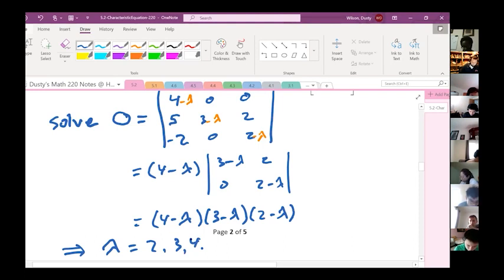Yeah, middle column would have worked just as well. Good call on that one, Tommy.